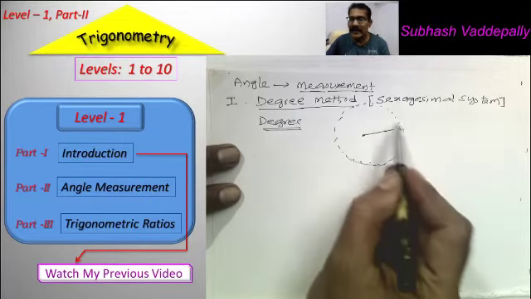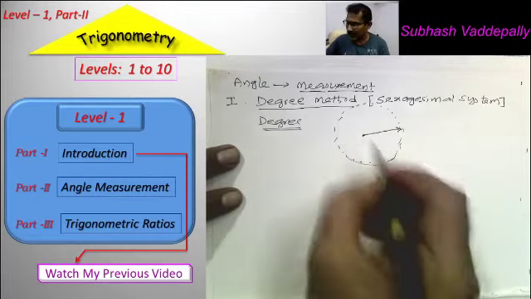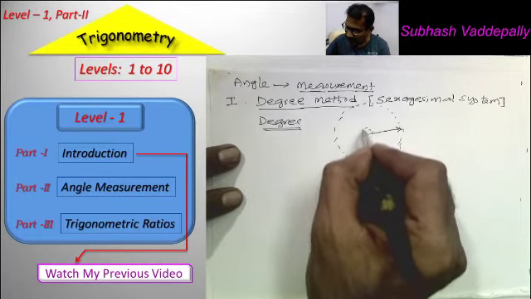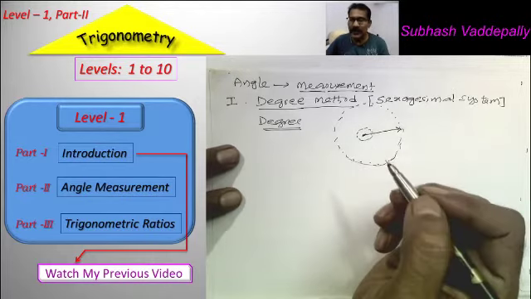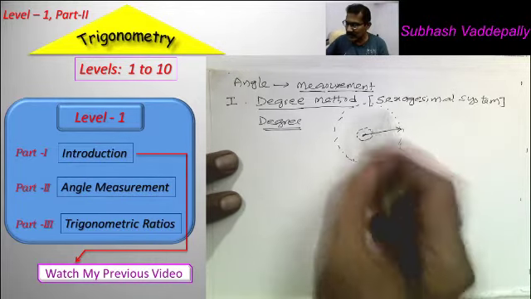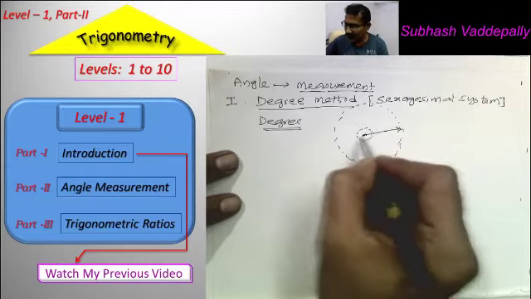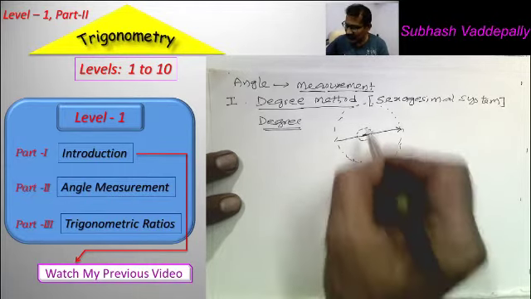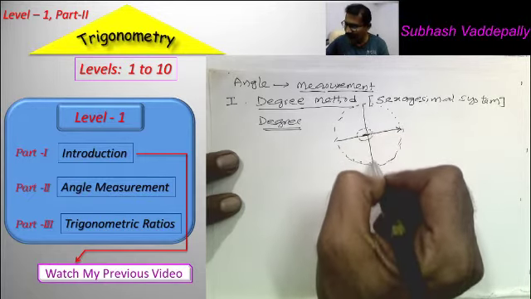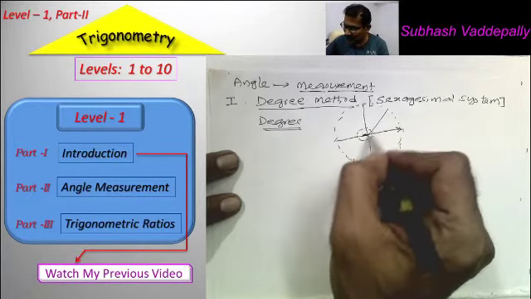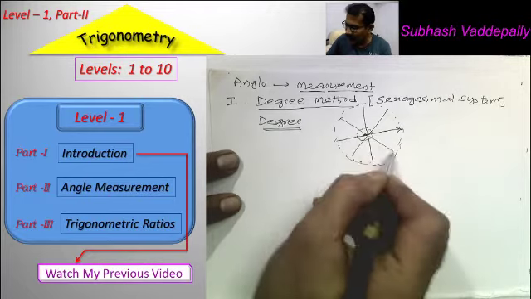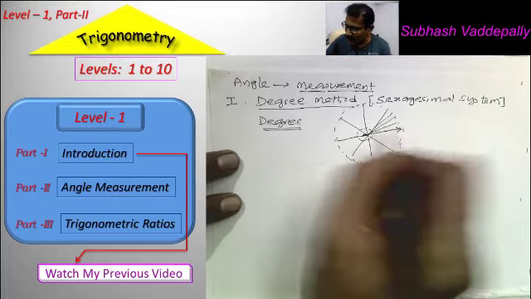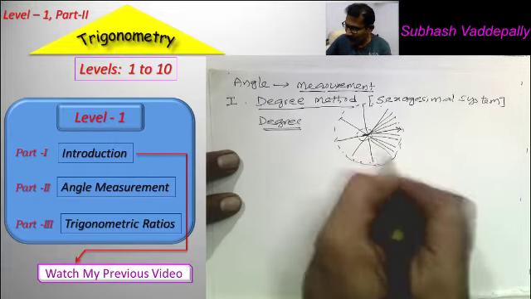When this ray has completed one complete rotation around this point, this total region is divided into 360 equal parts. Here I made it into two parts, now four parts, and again like this I am dividing this complete region into a total of 360 equal parts.